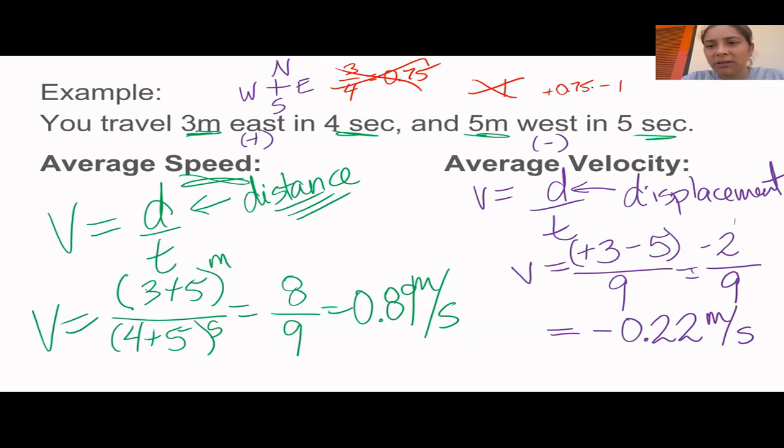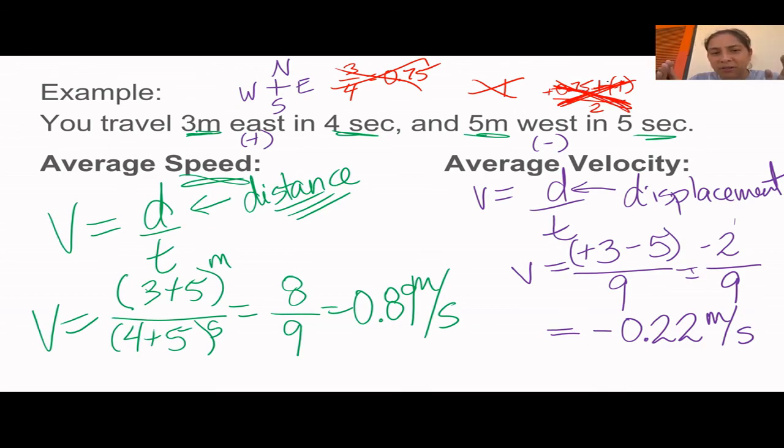So this plus negative 1 divided by 2. Isn't that how we average? Well, that's not negative 0.22. In fact, it's negative 0.125. Very different than negative 0.22. So again, no, don't do it.